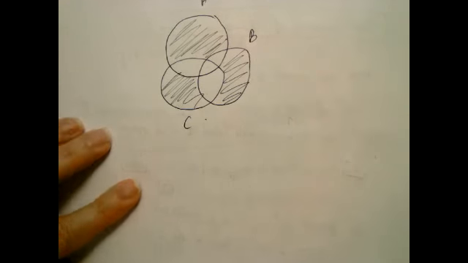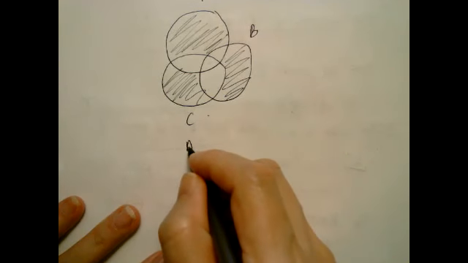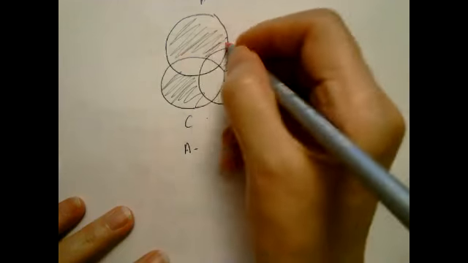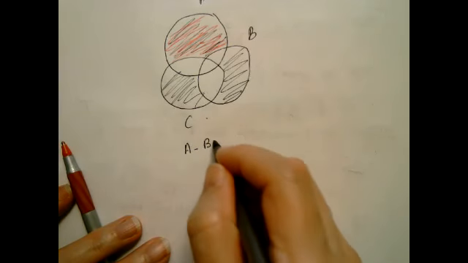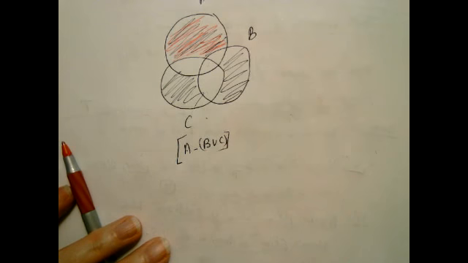Okay, so looking at it, one way you can see it, I don't know what you did, you can pick it piece by piece. So for example, you can do this piece first, and this seems to be A minus the union of B and C. That's one piece.